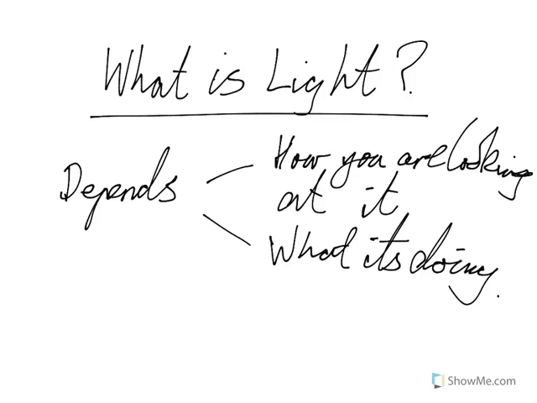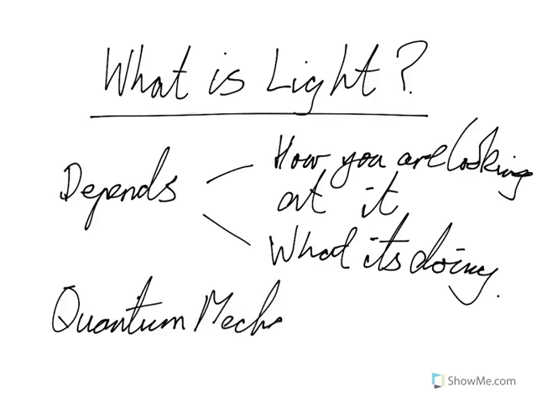So we've got models: the wave model, and also the particle model. How do we put all of that together? Well, there's a complicated thing called quantum mechanics, which provides a mathematical model that puts these things together.